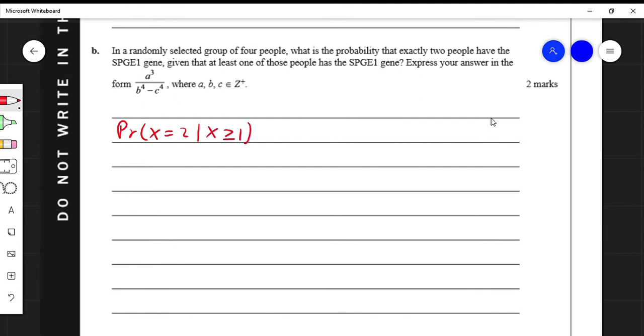So this formula means it's the probability that x equals 2 and x greater than or equal to 1, divided by the probability that x is greater than or equal to 1.